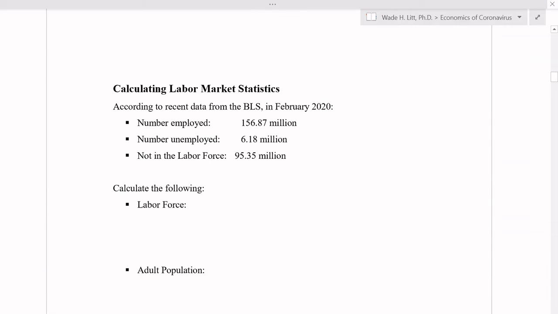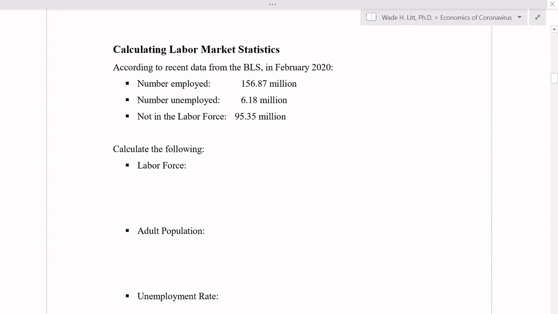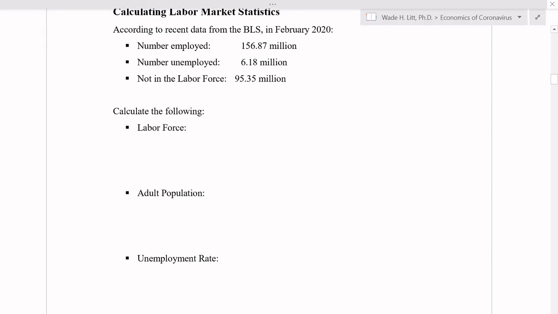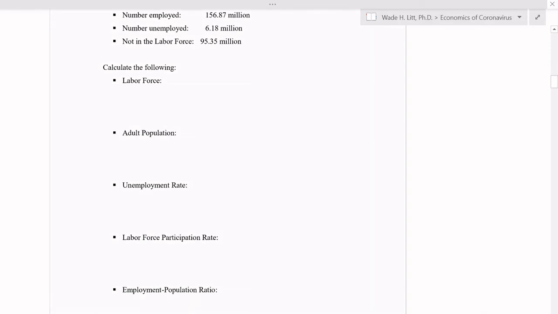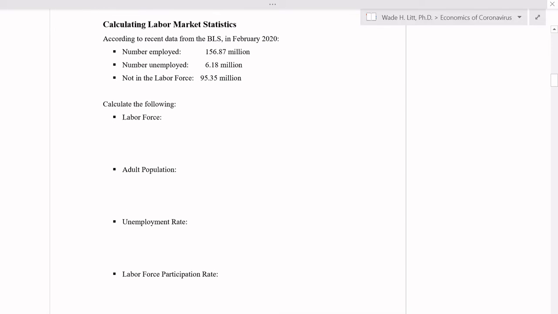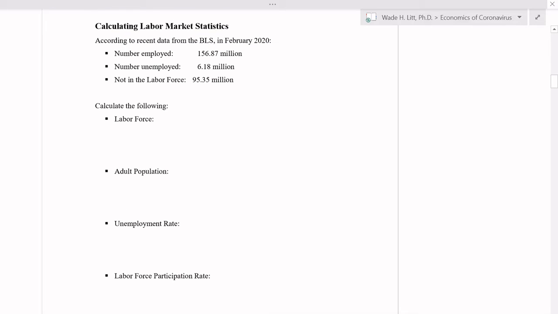Okay, so here is what could be a little exercise. If you want, you could pause the video and take those statistics up at the top and make the calculations, and then come back and see how you did. Okay, I'm going to go ahead and dive in.